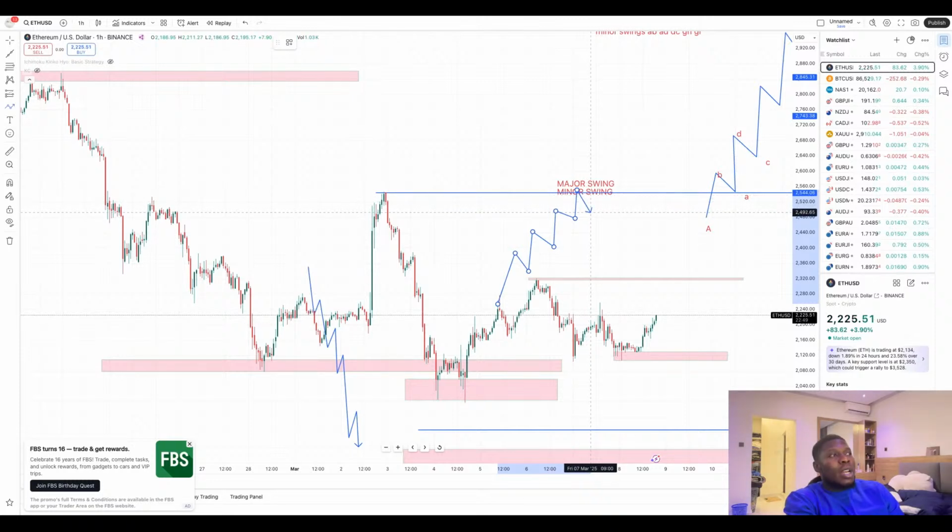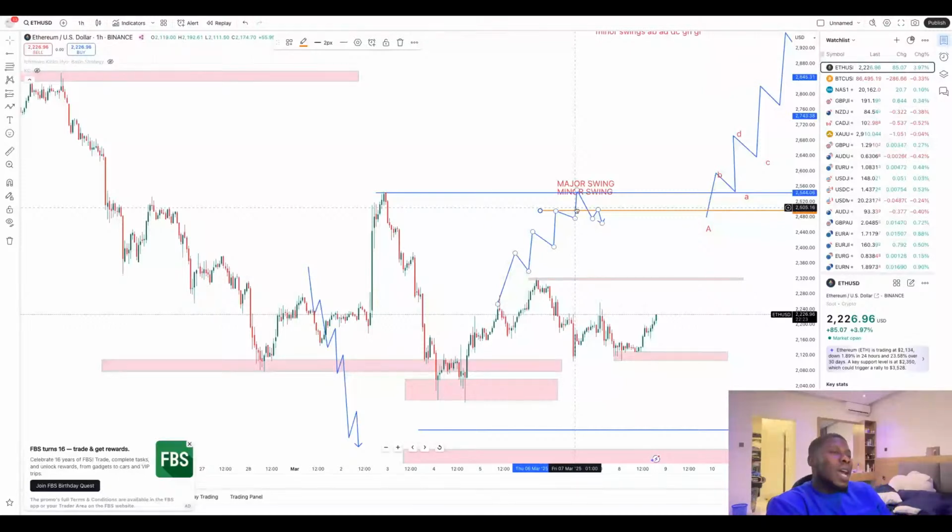Like what I mean is this resistance here, coin breaking through this again and bouncing at this resistance and rejecting. This should be a safer entry rather than jumping to take this trade at this place without the minor swing changing.